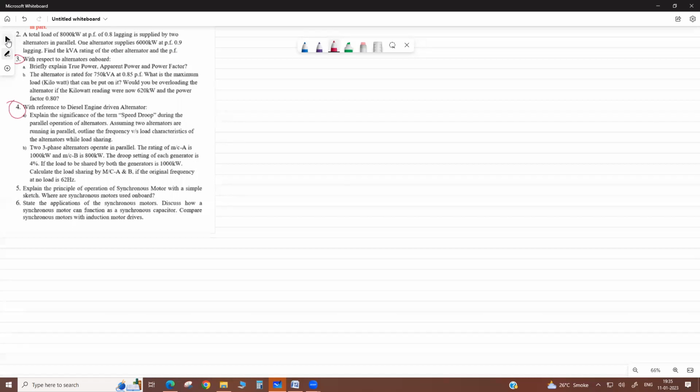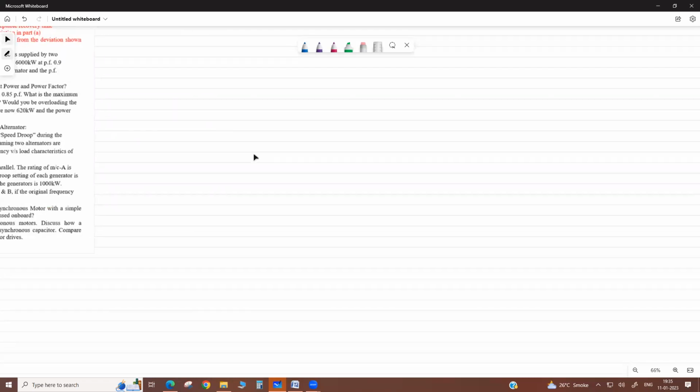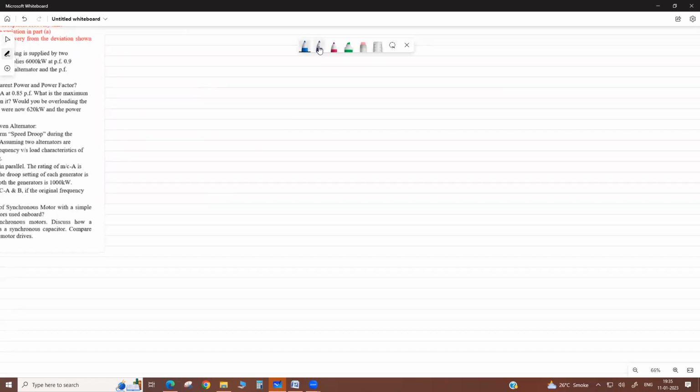So I will explain first with a single machine. Let us consider there is a single synchronous alternator connected to a load.